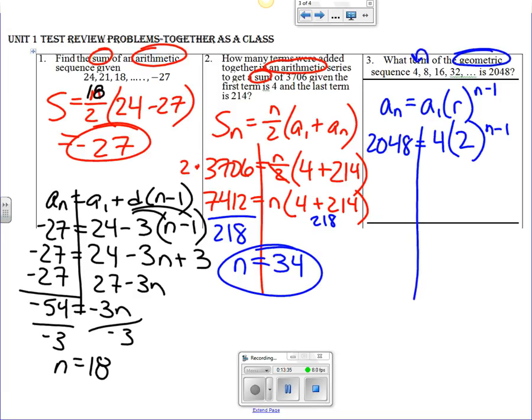Denise, what would you do next? Yes. This one you have to divide by 4, because what is the n minus 1 with? The 2. Okay? So you got to divide by 4. Okay? So 512 equals 2 to the n minus 1.